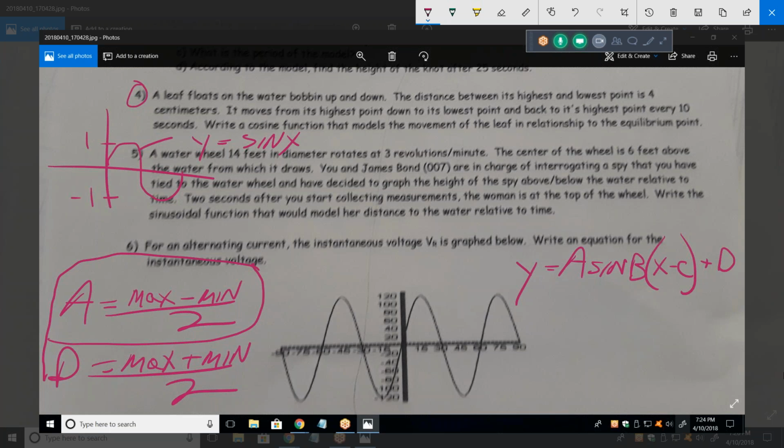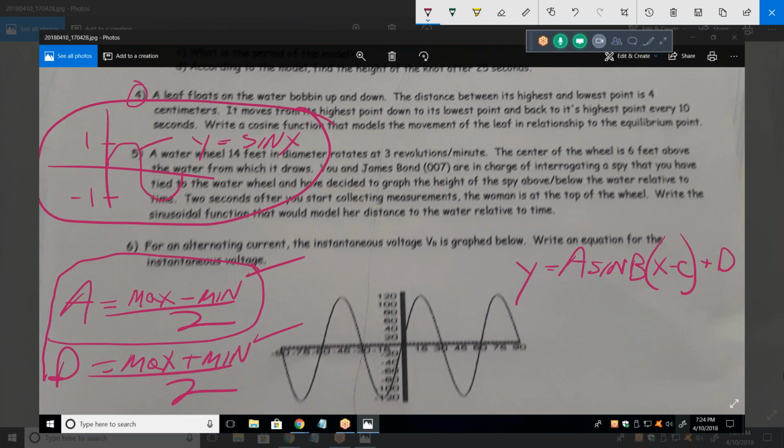In other words, there's no vertical shift in my basic equation. So D is 0, and if I take the maximum plus the minimum, I get 0 divided by 2, that's 0. So that's how I memorize these two, by knowing what that thing looks like.